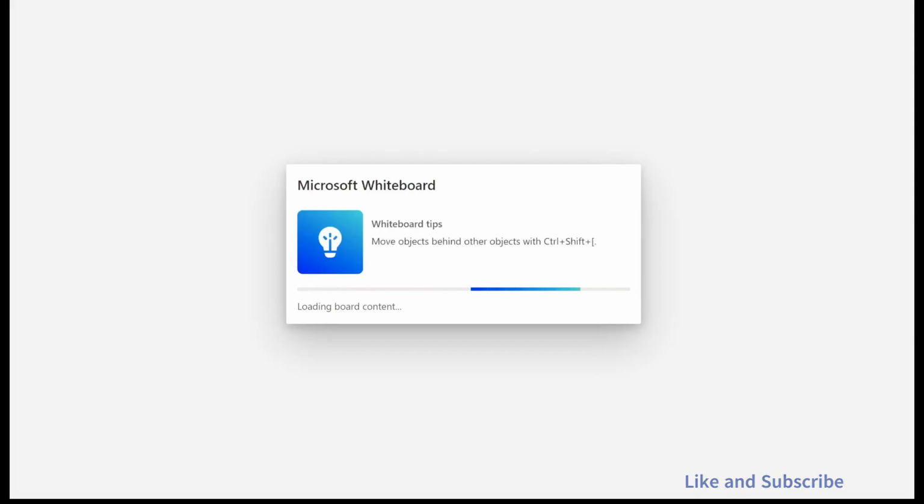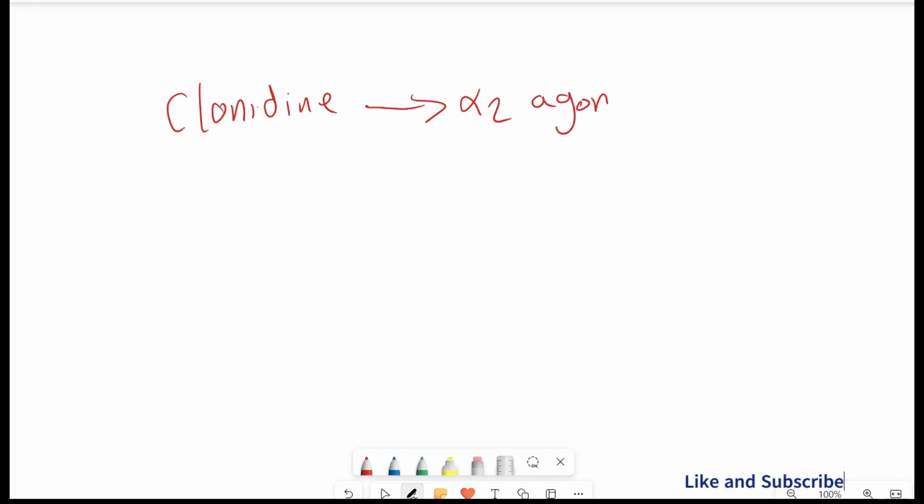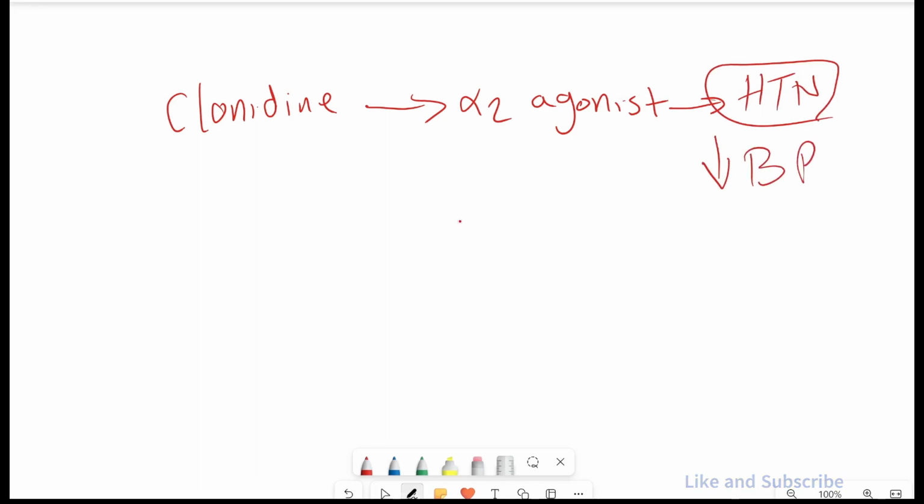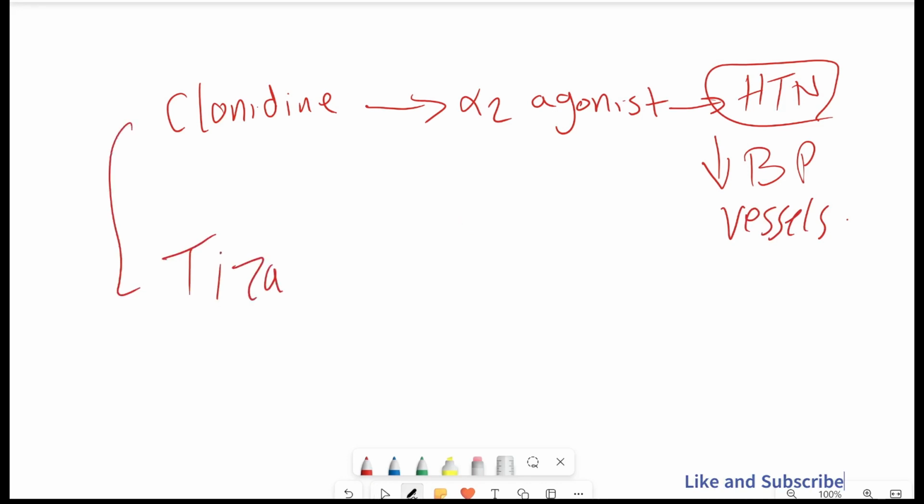So quickly here, only to refresh our minds about what we have. Here we have clonidine. This is an alpha 2 agonist, and this medication is mentioned among the hypertension drugs; it lowers blood pressure. This medication works on the blood vessels. Then they developed something called tizanidine.